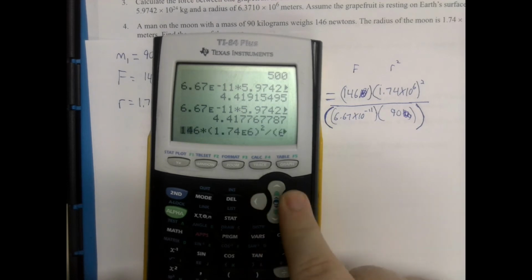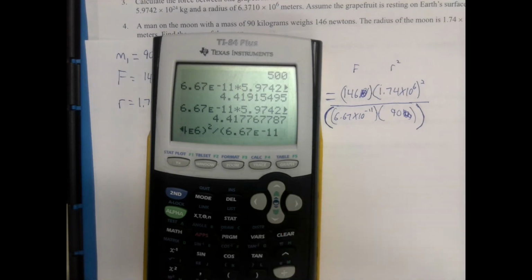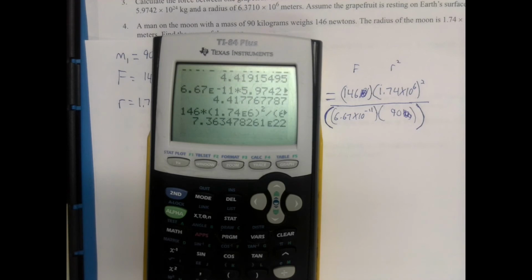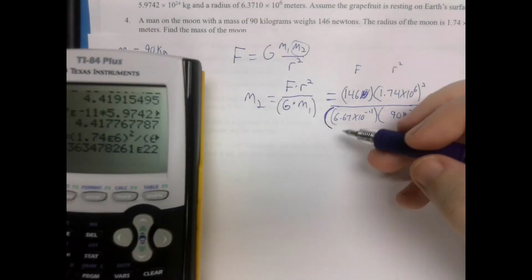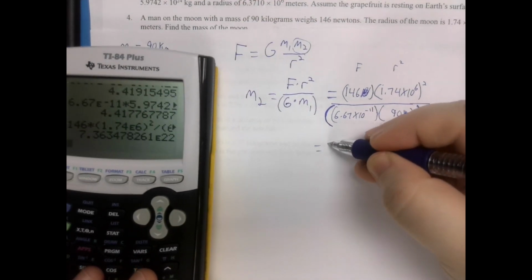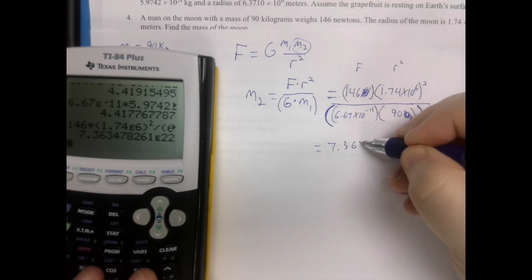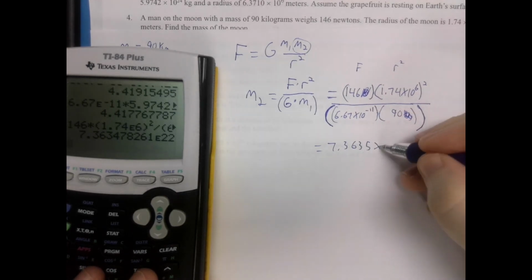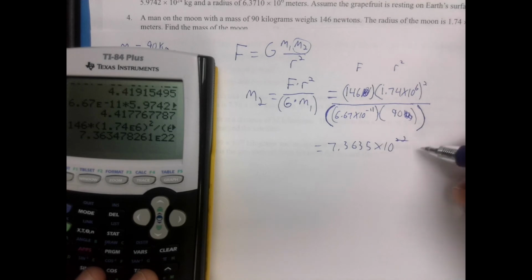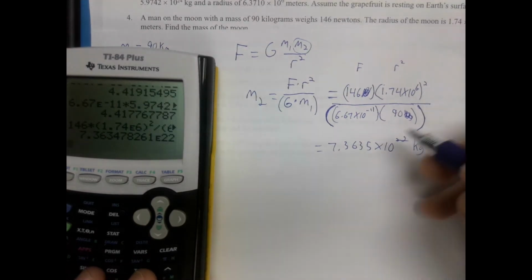Make sure I typed everything in right, yes. And then times 90, close parentheses, and we get 7.3635 times 10 to the 22, and this is mass, so we use kilograms.